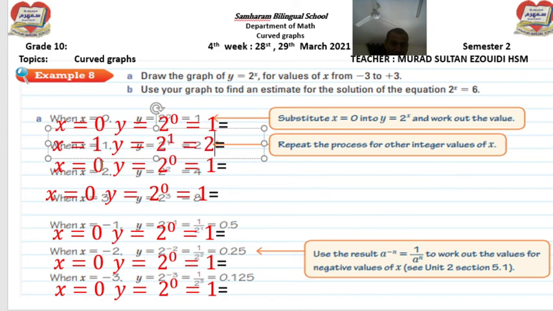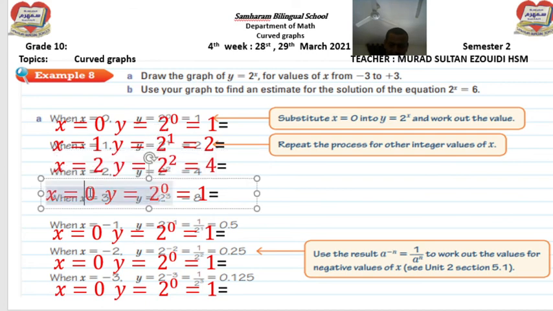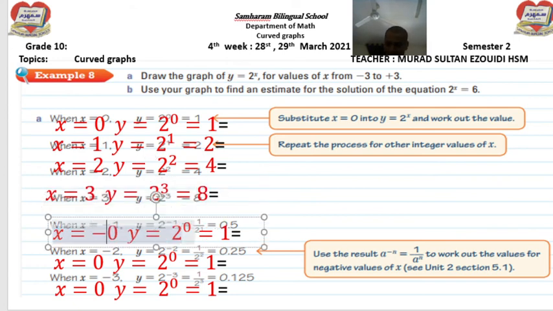Now when x equals 2, y equals 2 to the power 2, which is 4. Clear? When x equals 3, y equals 2 to the power 3, which is 8. Now when x equals minus 1, 2 to the power minus 1 will be 0.5.